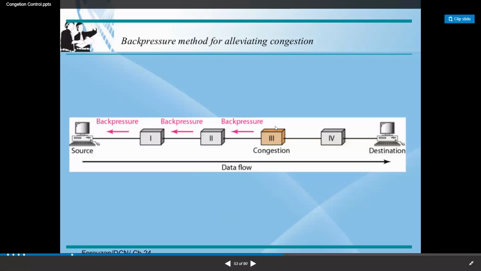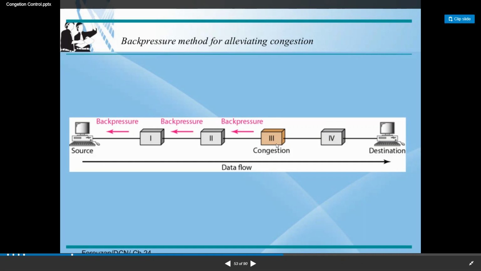See here, we have a source and destination, with router 1, router 2, 3, and 4. Here the congestion occurs at router 3. In the choke packet, the information is passed directly from the congested router to the source.